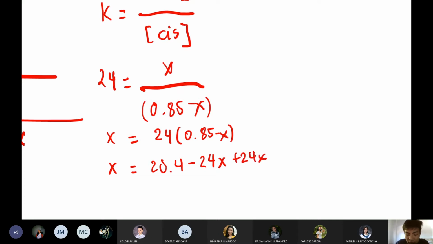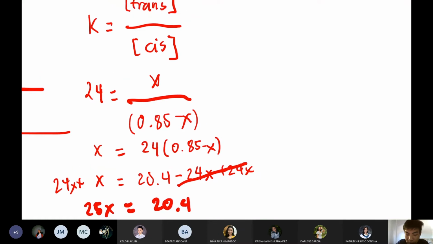So let's add 24x on both sides so that our x will be on the same side. It's 24x plus x, that will be 25x, and that is equal to 20.4. Then we're going to solve for the value of x.